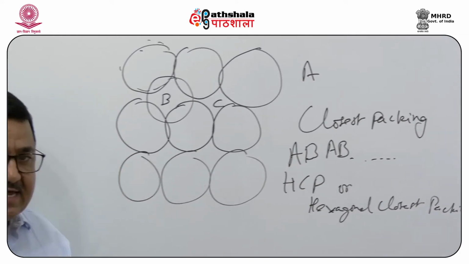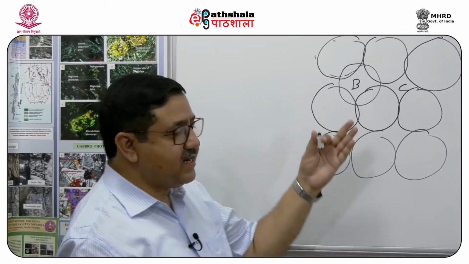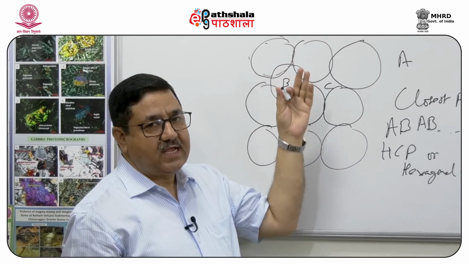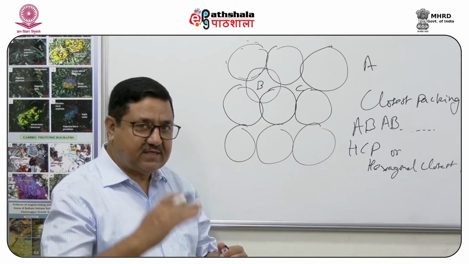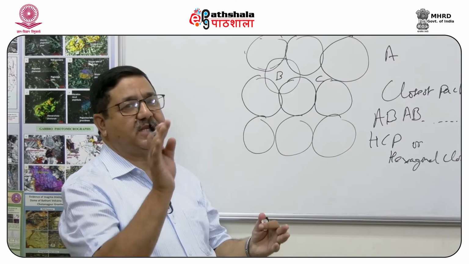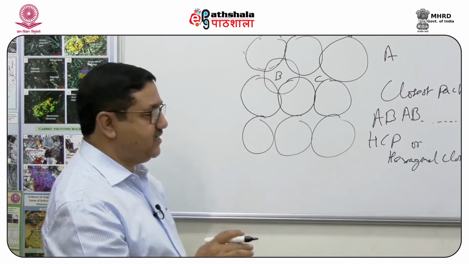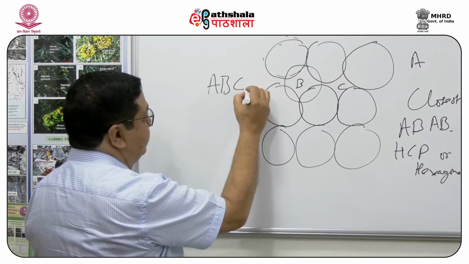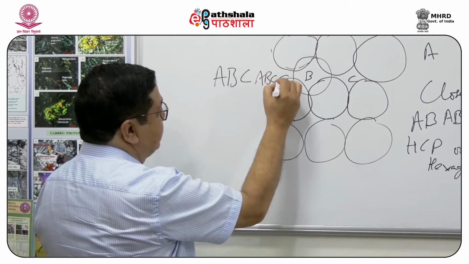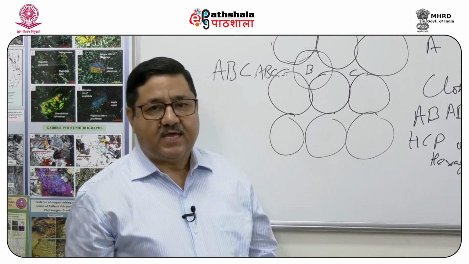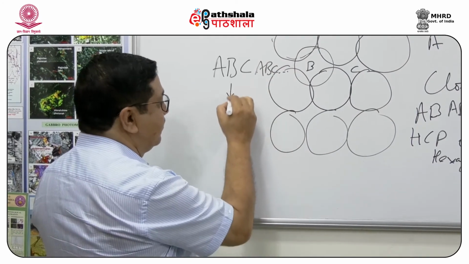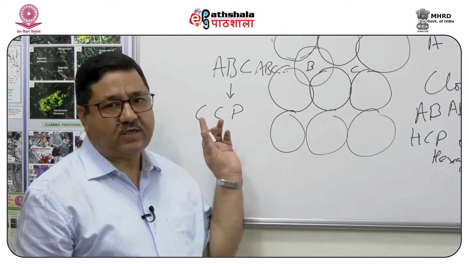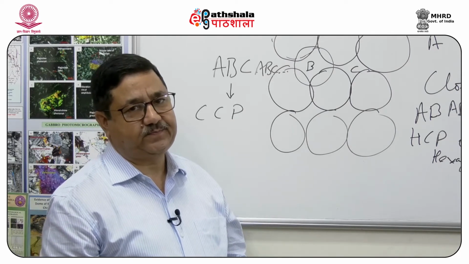In the second instance, the third layer is placed over the dimple C, and after the third layer, the fourth layer is again repeated over layer A. So, that arrangement assumes a repeat of ABC, ABC, etc. And this kind of closest packing is called CCP, or cubic close packing.